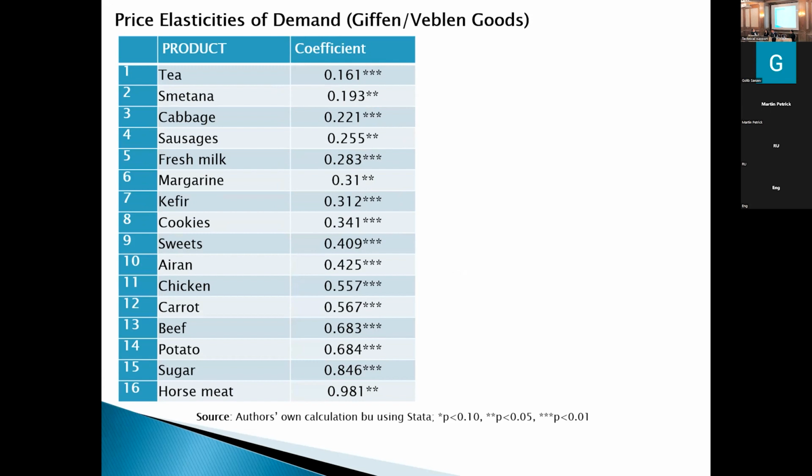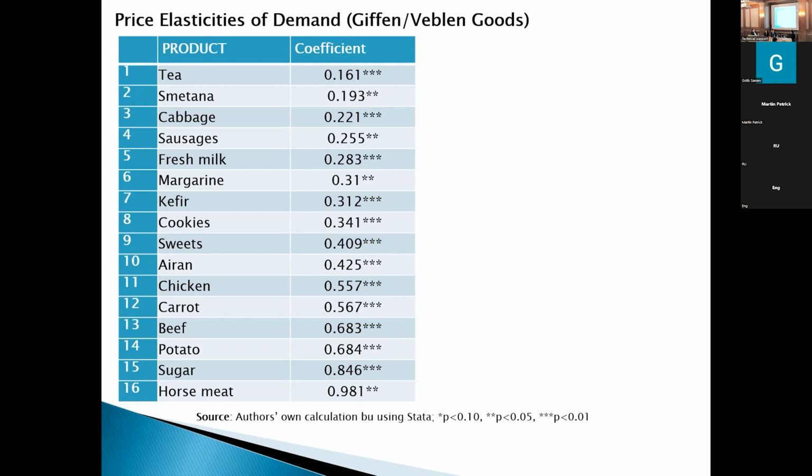The results are somewhat surprising. Products like bread, for example, are price inelastic. And then we have 20 products that have no significant price elasticities.